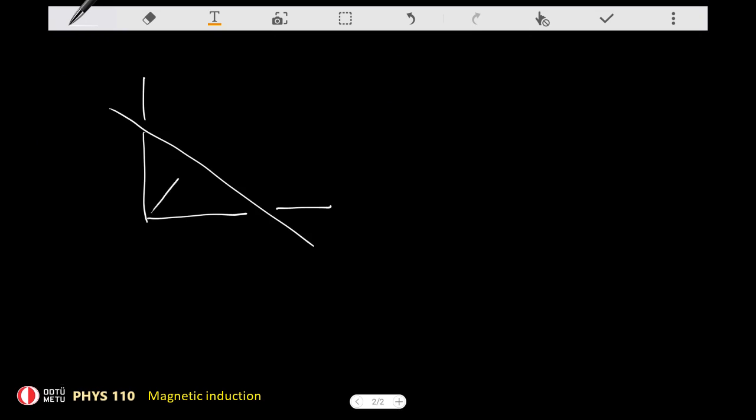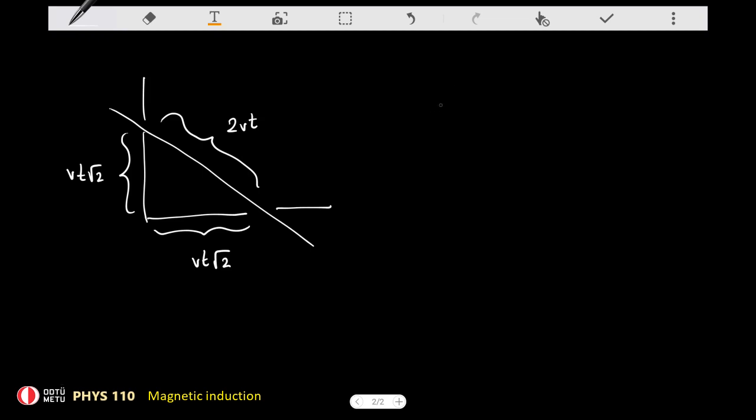That distance is Vt, which means, let me raise this, that distance is Vt times the square root of 2. And that distance is also Vt times the square root of 2. And so therefore that distance is 2Vt. All right. So these are the distances.